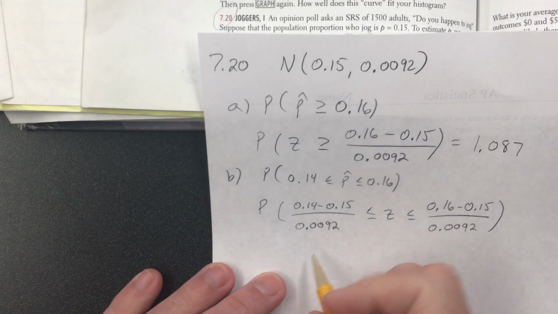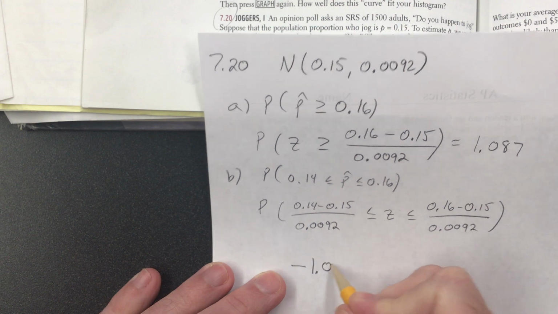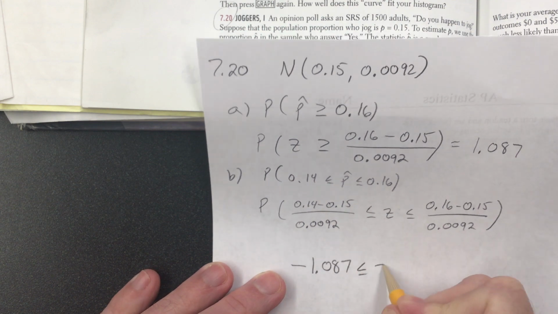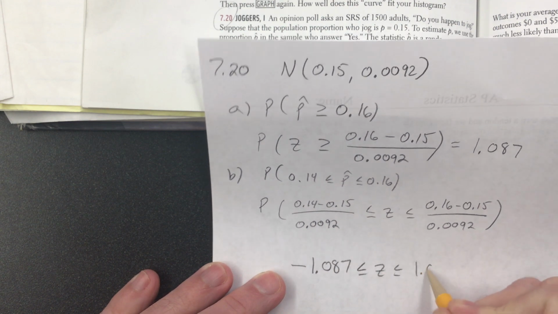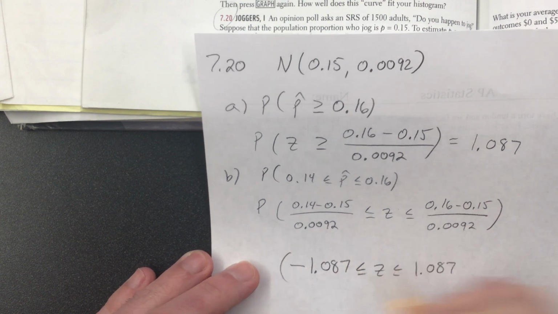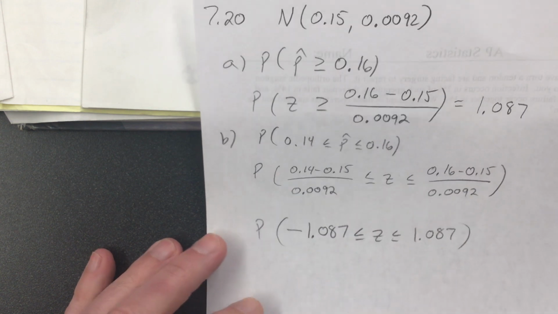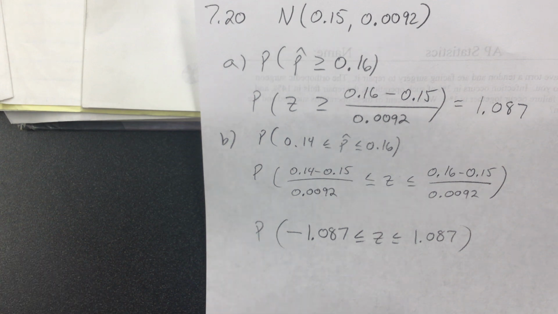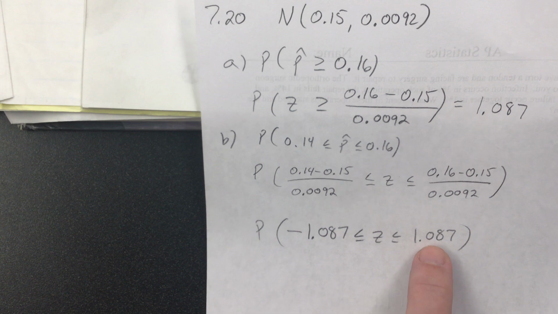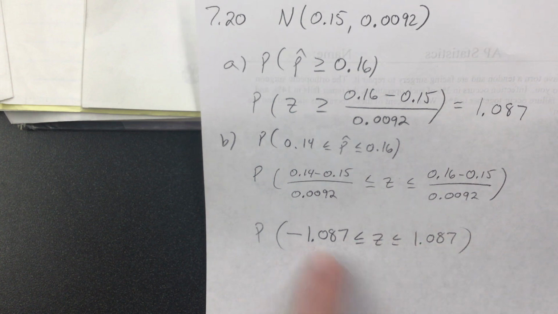So I know that it's approximately that. Again, we can use table A. We look this number up. We look that number up.